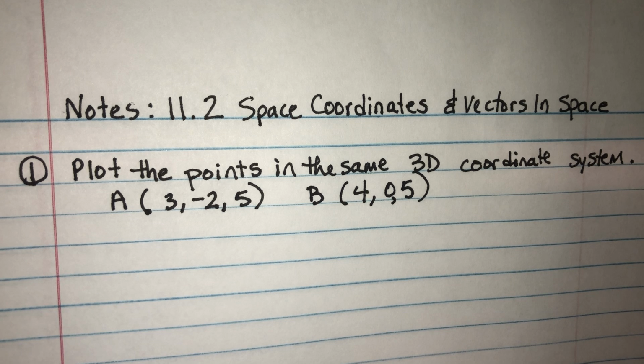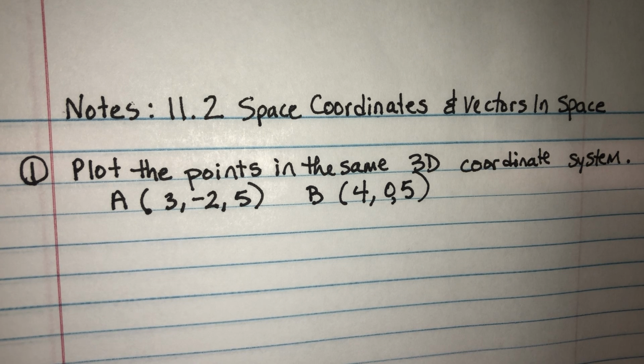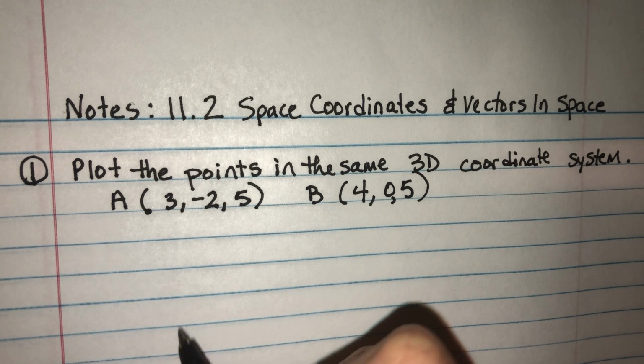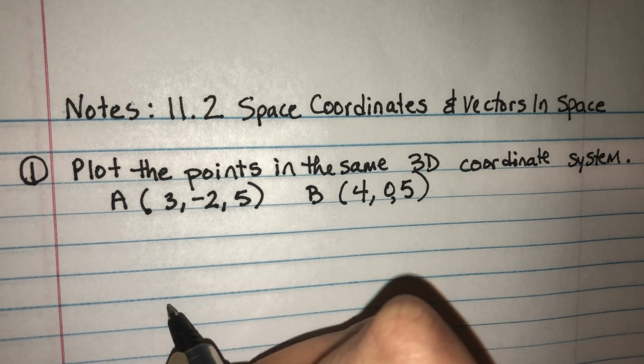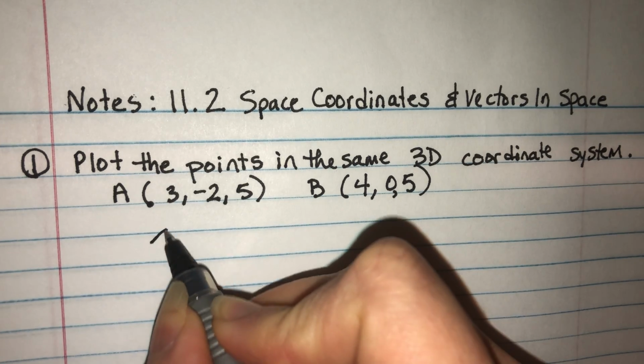We will need to create a 3D coordinate system on a 2D surface, which is a piece of paper, which is a little tricky. So the way we normally do this is we only plot the positive axes when we're trying to get started, just so it doesn't get too overwhelming and confusing. So let's think about the first quadrant.